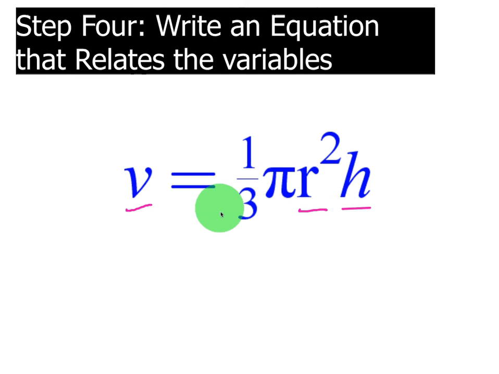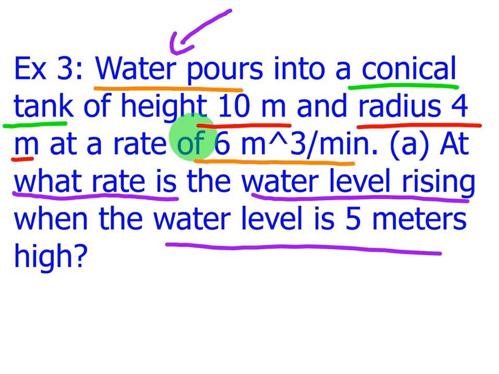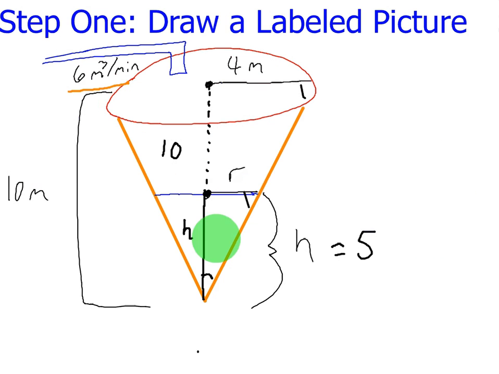Now, a lot of my students are asking me, hey, how do I know which variable to eliminate? Well, if you go back and read the question, so that's my advice, read the question. At what rate is the water level rising? We want to figure out, that has to do with H, right?